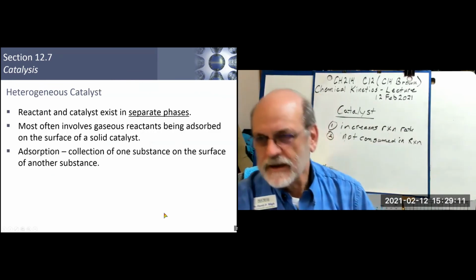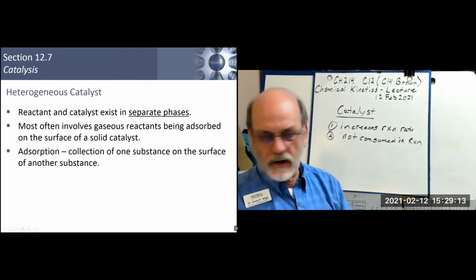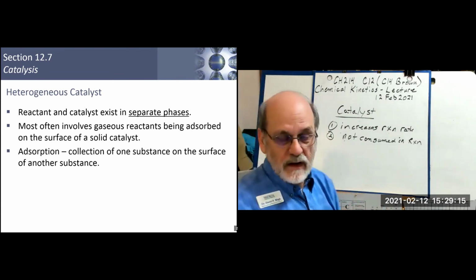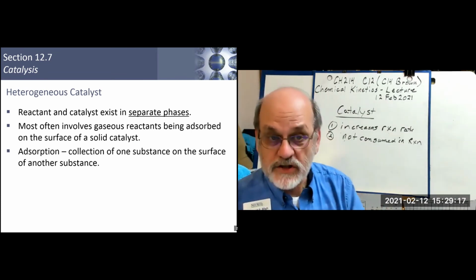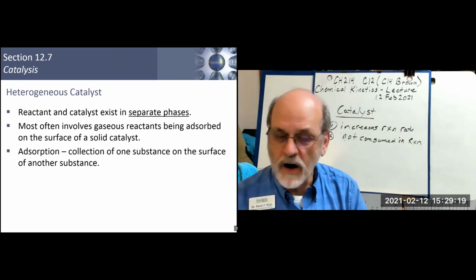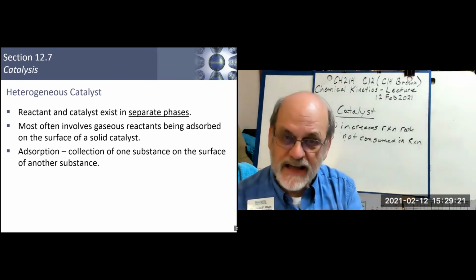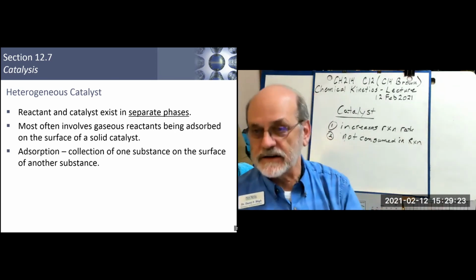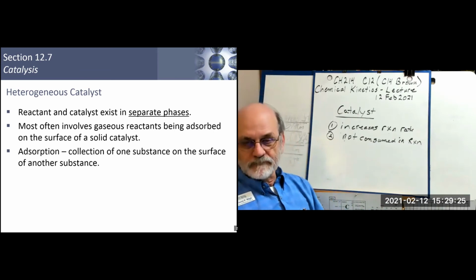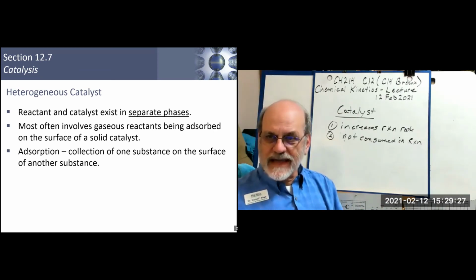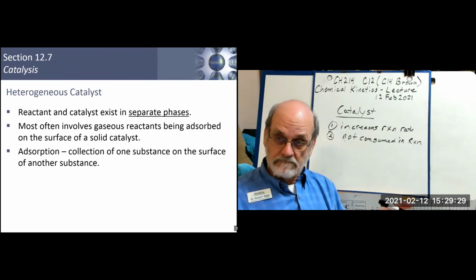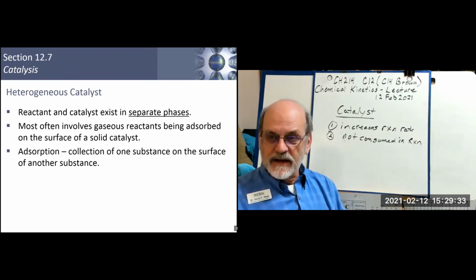Okay, so what types of catalysts are there? Well, heterogeneous catalysts are those that exist in a different phase from the reactants. So if your reaction is a gas phase, right, and your catalyst is solid phase, that would be a heterogeneous catalyst.